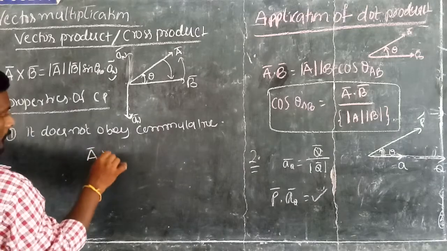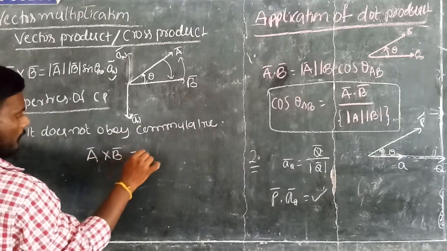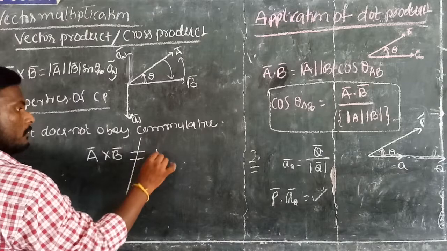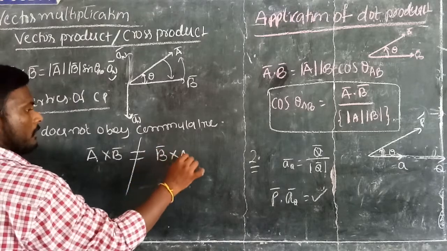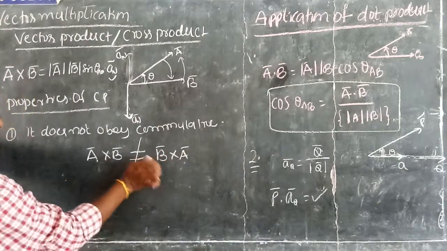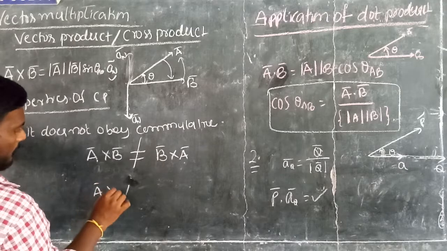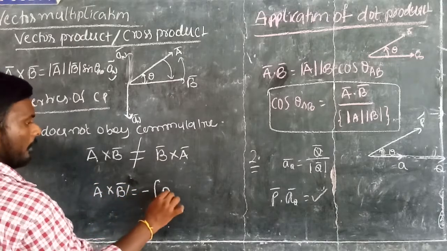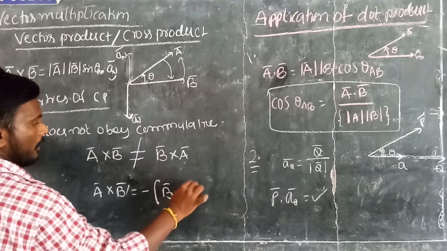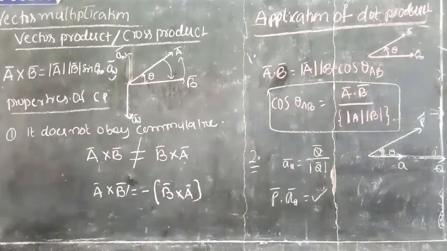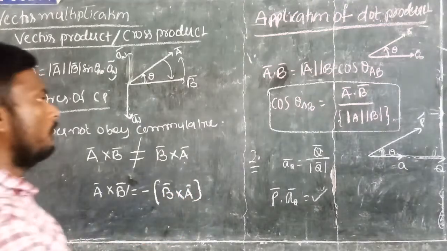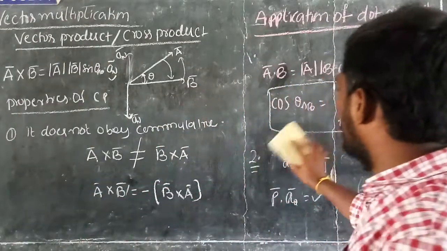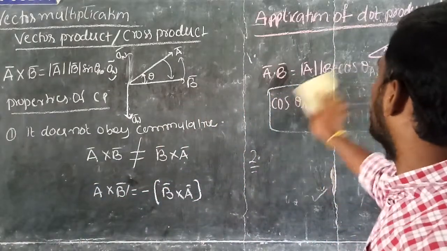A bar cross B bar does not equal B bar cross A bar. Then what is the correct relation? A bar cross B bar is equal to minus B bar cross A bar. It is correct. Okay. Now it also doesn't obey the distributive law.